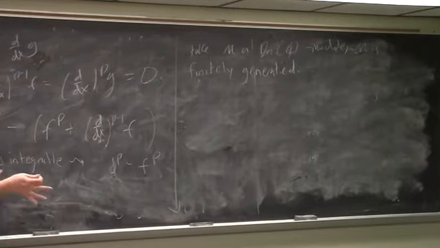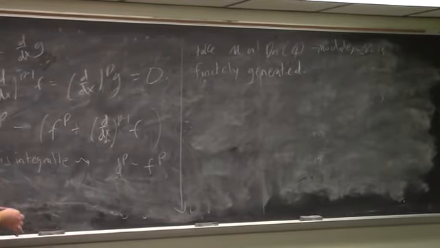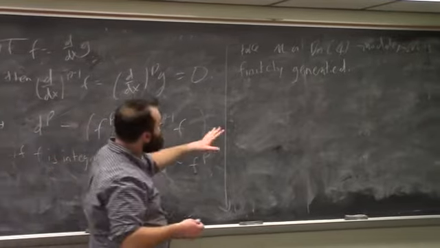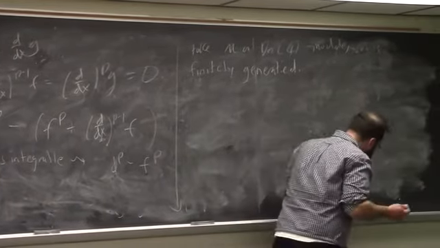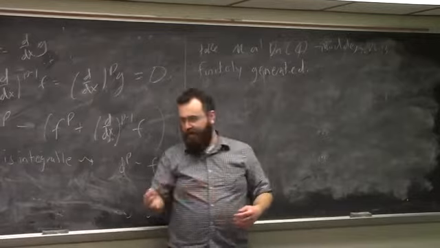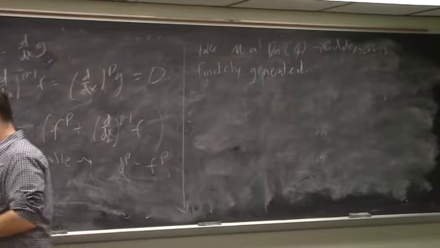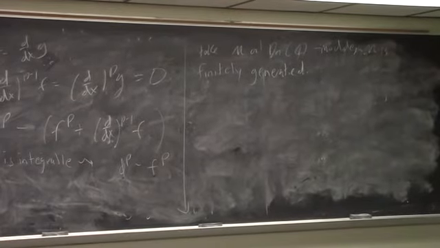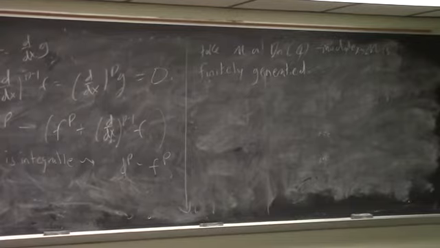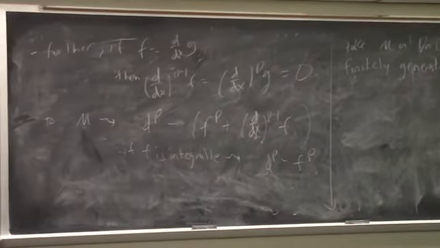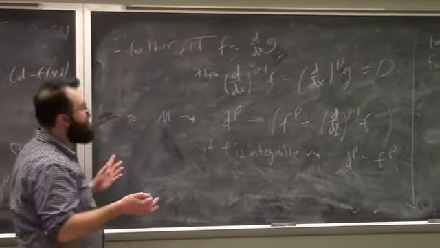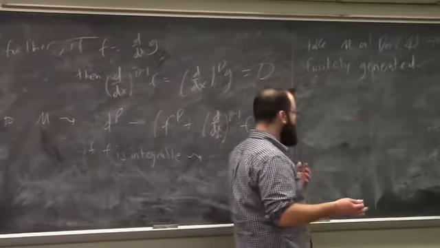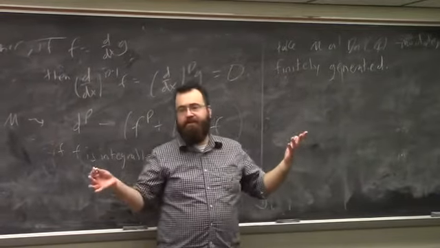Now, all of those generators and relations are just polynomial differential operators over the complex numbers. So it could be complicated, but whatever these generators and relations are, they only involve finitely many complex numbers.